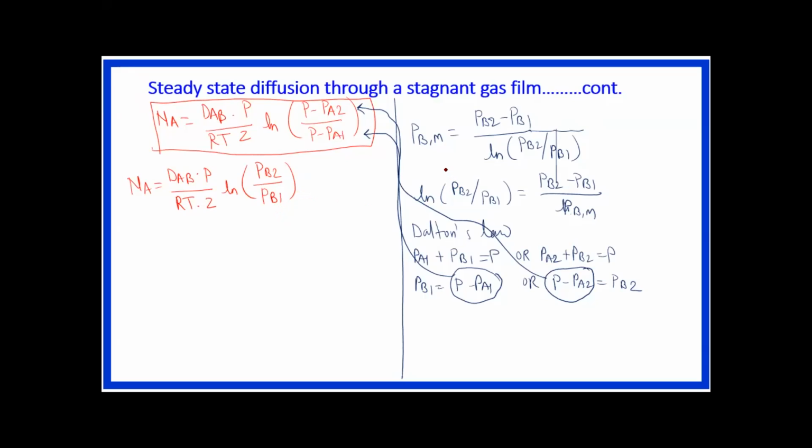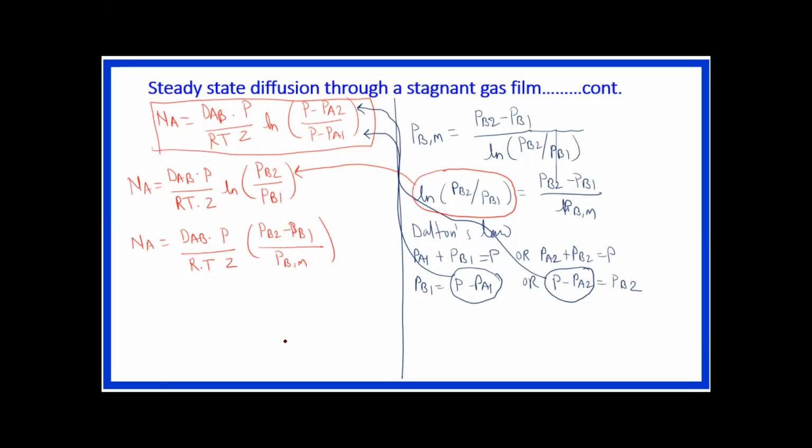Now if you observe this ln of PB2 by PB1 can be replaced here. So the relationship becomes like this. PB2 minus PB1 upon logarithmic pressure like this. Okay. So again, we can replace this PB2 minus PB1.